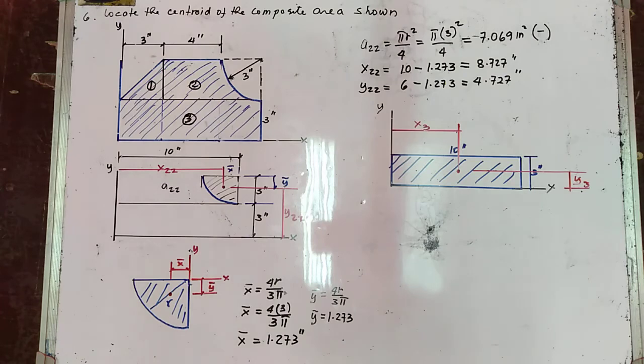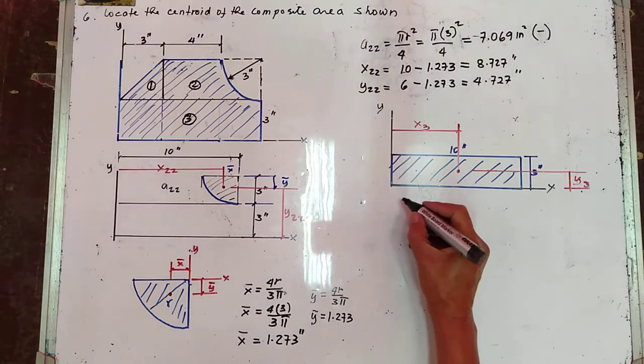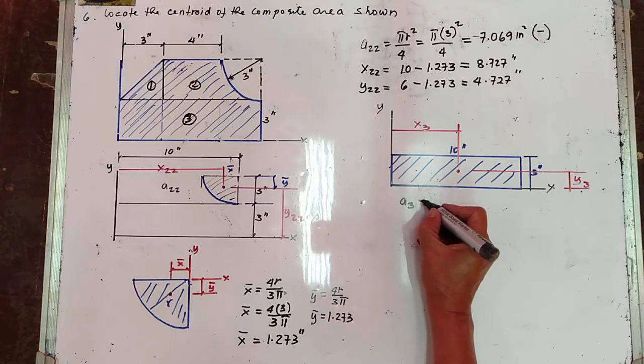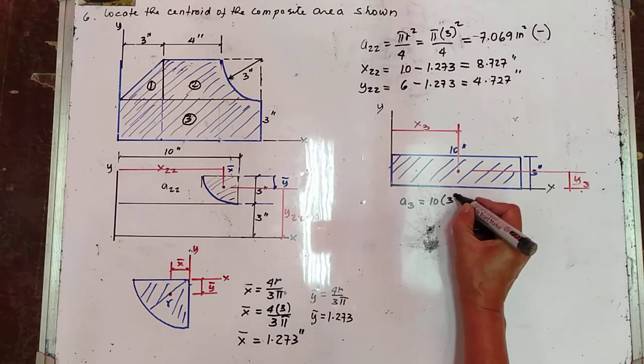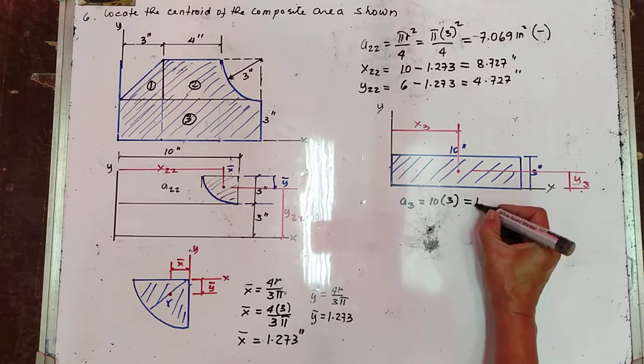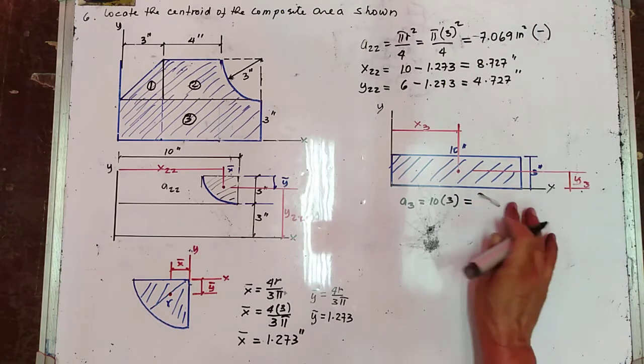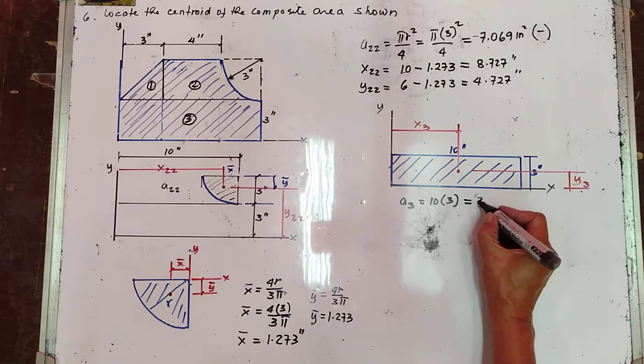Let's try to determine now the area of this third figure. So the area 3 is equal to 10 multiplied by 3, or 30 square inches.